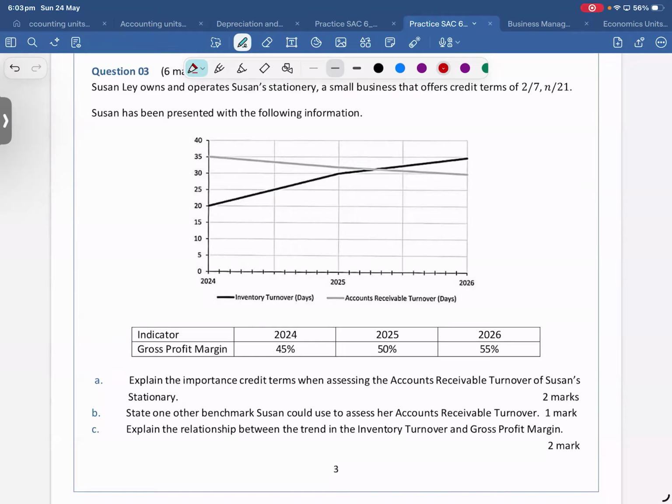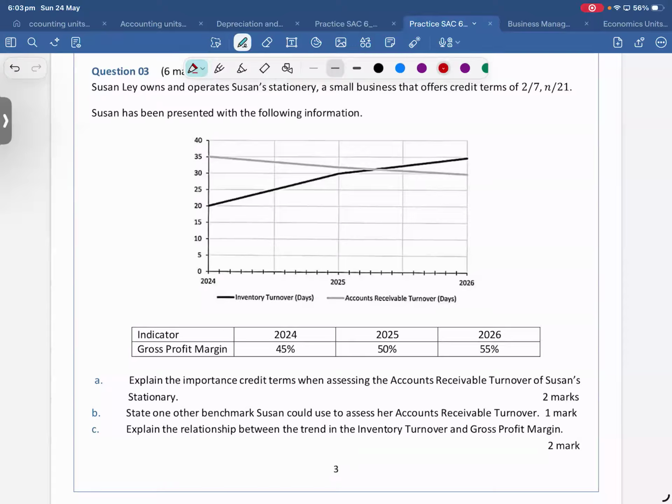Do you remember net profit margin? Whenever you say margin, I have told you, it means you compare with sales. You compare the net profit or gross profit with sales. If you compare the gross profit with cost, what do you call it?